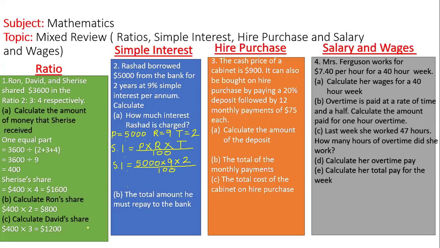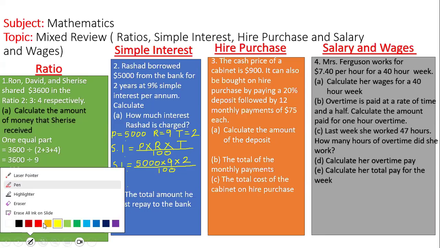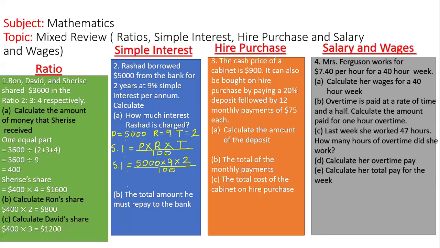Now what's the next thing that we have to do? You have to cross the zeros. We're going to cancel out this 0 with that 0, and this 0 with that 0.